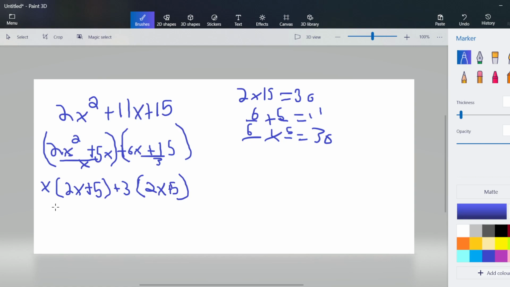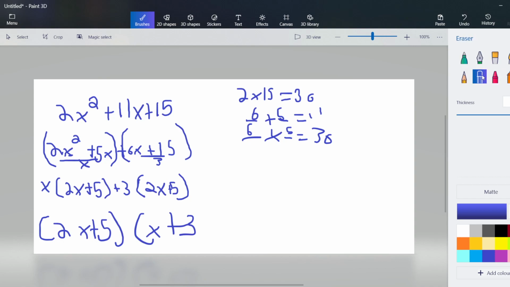So now you may be thinking we're done here, but we're not, because these are the same bracket, and that's only one of our zeros. To get the other one, it's the coefficients of the other two terms. So the answer here would be 2x plus 5 and x plus 3. This would be our answer.